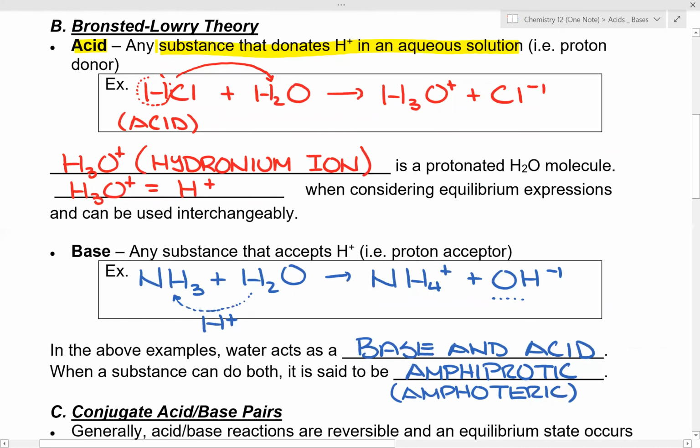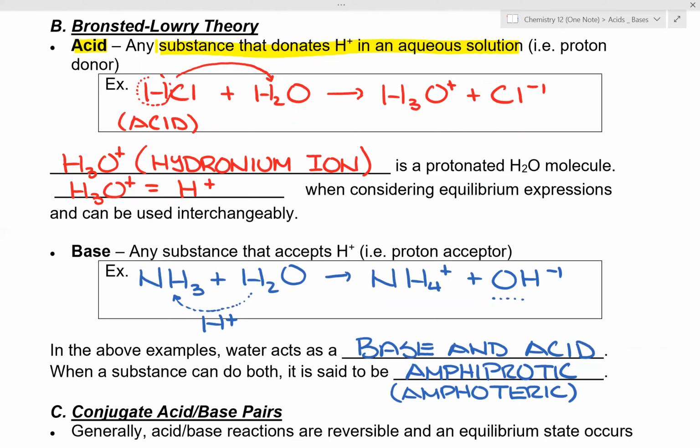So an amphiprotic substance is a substance that can act as both an acid and a base, accepting a proton or donating a proton. You should be familiar with some of the terms. Monoprotic means one proton because of mono. Diprotic would be 2 protons. Triprotic would be 3 protons.